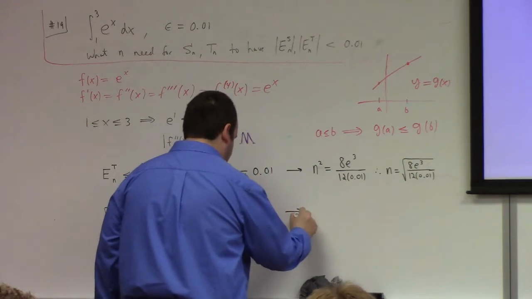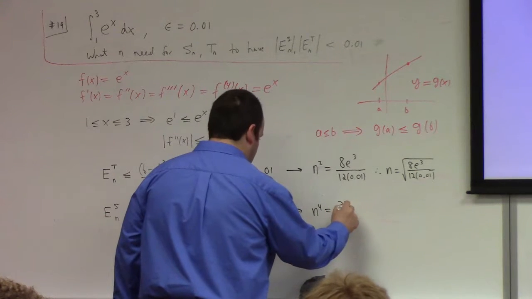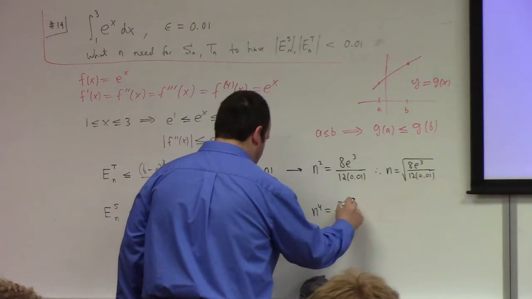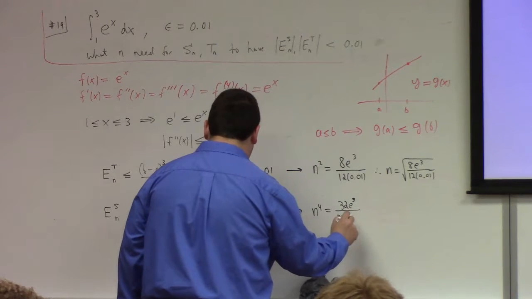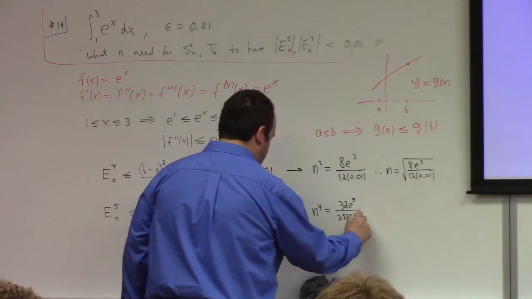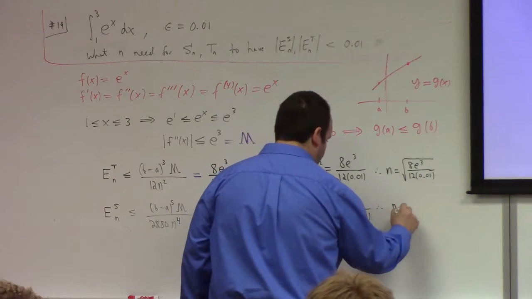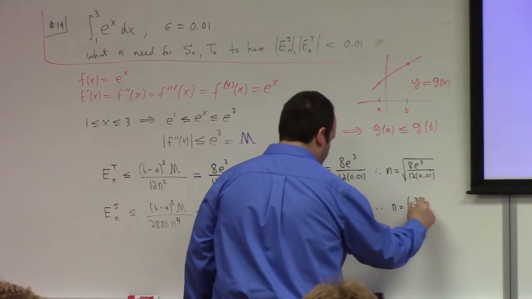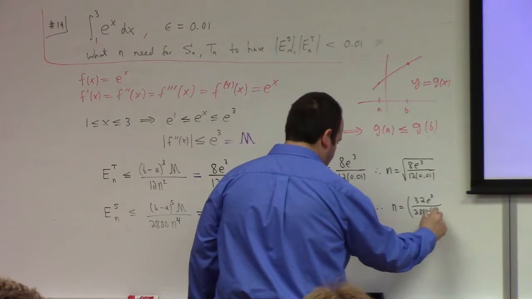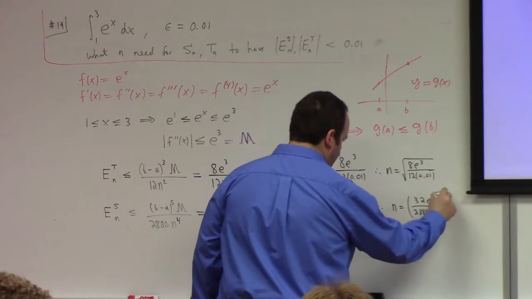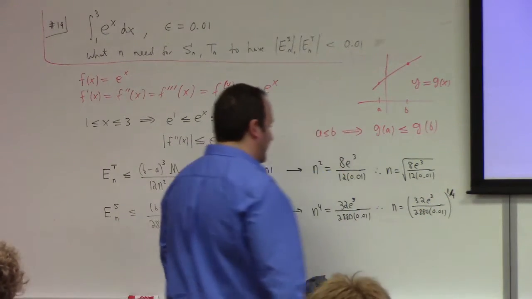And the other one, I get n to the 4th is equal to 32e cubed divided by 2,880 times 0.01, right? So I got to take the fourth root this time. What's that give us?